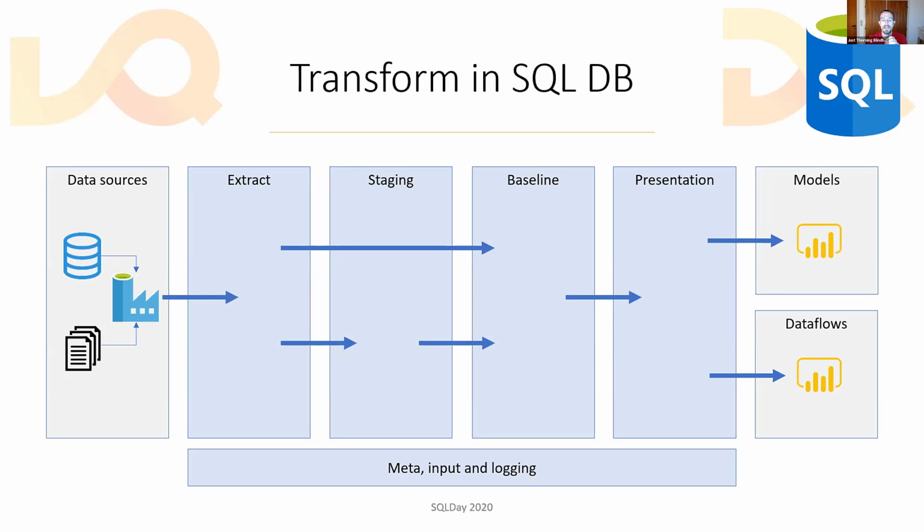Then I can have a table in my meta layer telling me what tables to extract and use in my generic Data Factory pipeline to copy the data from this source system, and of course for different source systems. But the principle is that we unload the data from the data sources directly into the extract layer, where it is one-to-one with the source system, and then we start the transformation part.